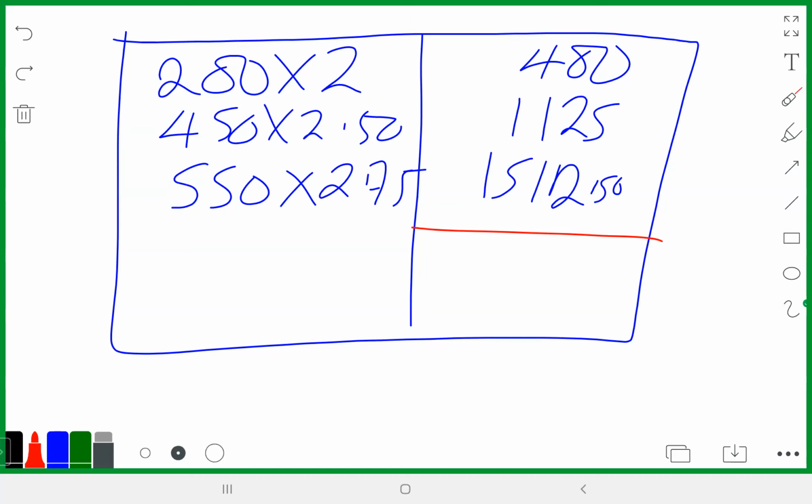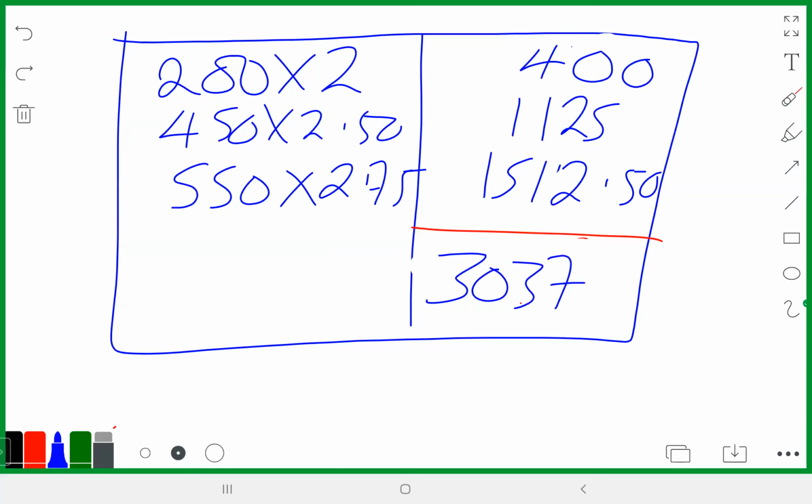1125. Let's do it again. 400 plus 1125 plus 1512.50 gives 3037.50.